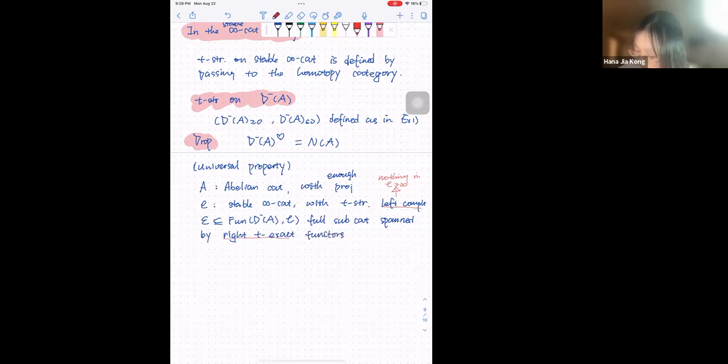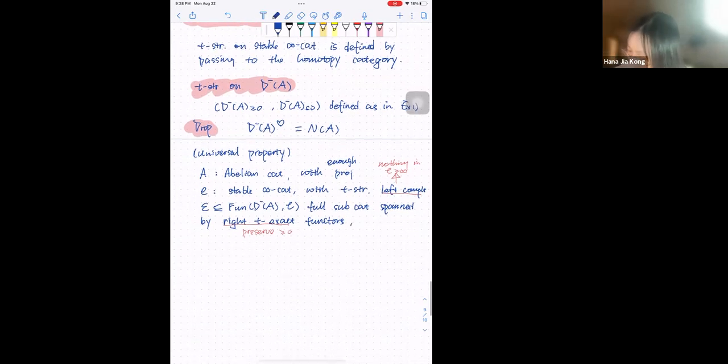These are things that preserve the greater or equal to 0 part. And you also require that these functors are right t-exact and send projectives in A to the heart of C.